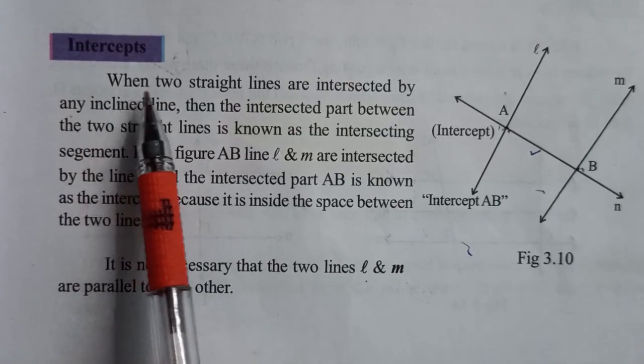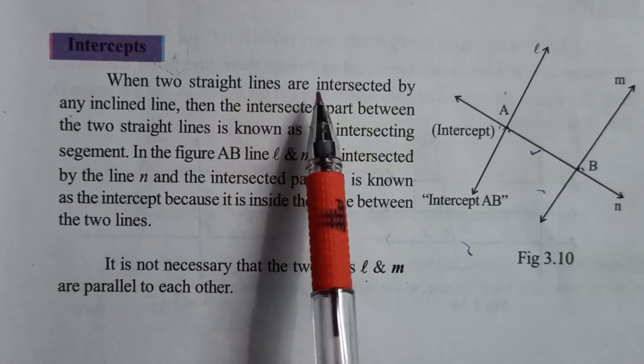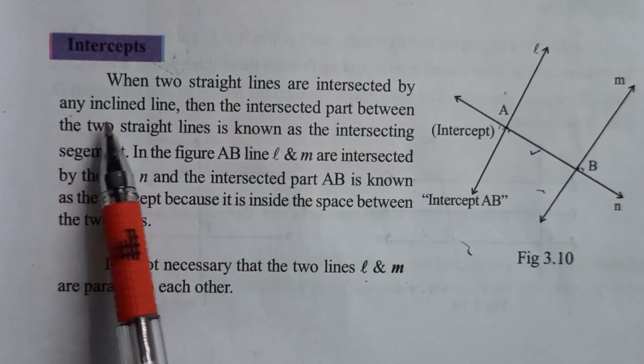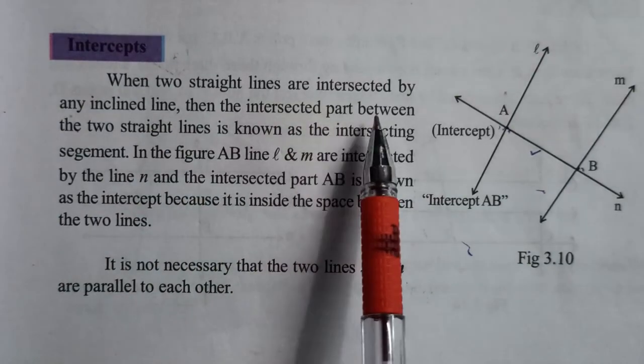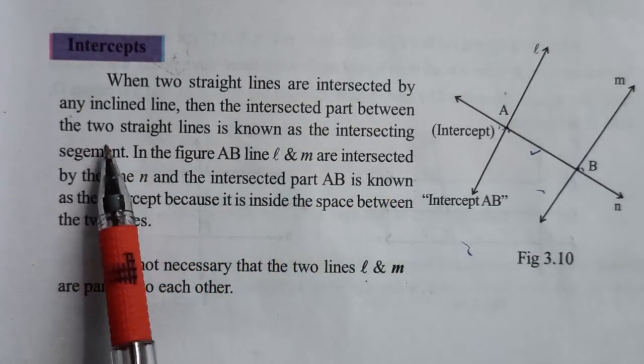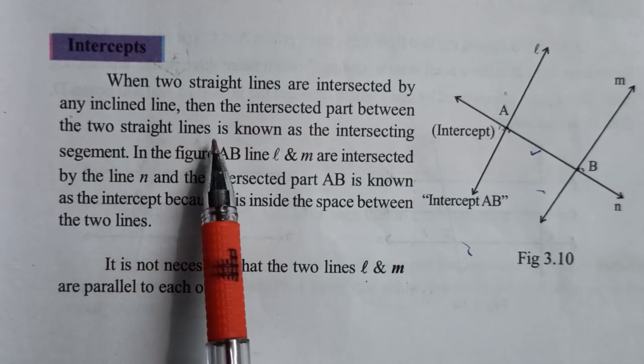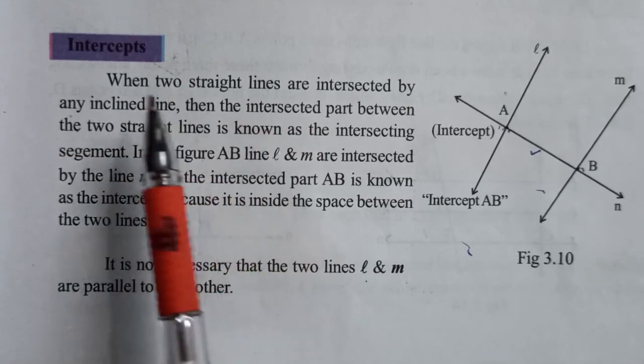Intercepts. When two straight lines are intersected by any inclined line, then the intersected part between the two straight lines is known as intercept.